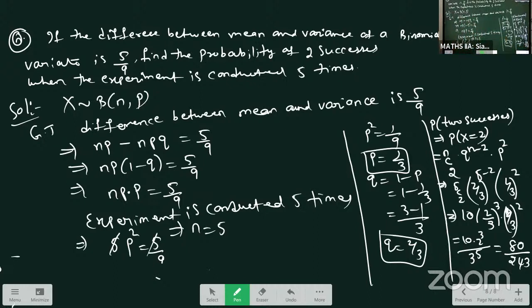So this is how you have to solve when such kinds of questions are given. It is in the form of the difference between mean and variance for 2 successes when the experiment is conducted 5 times.